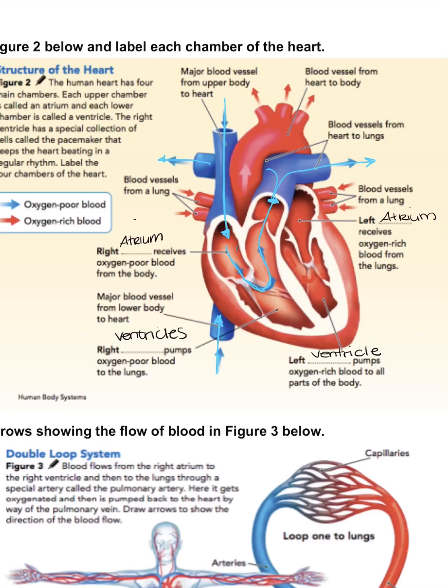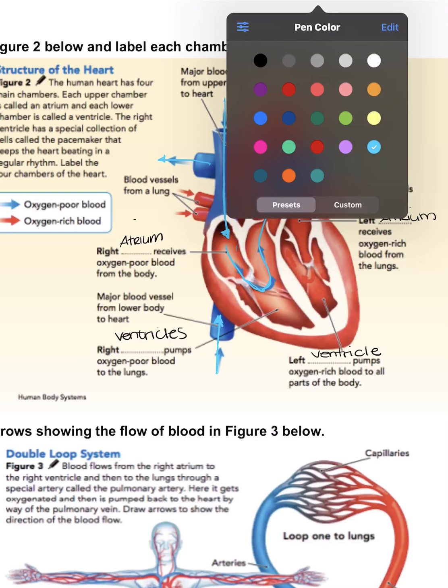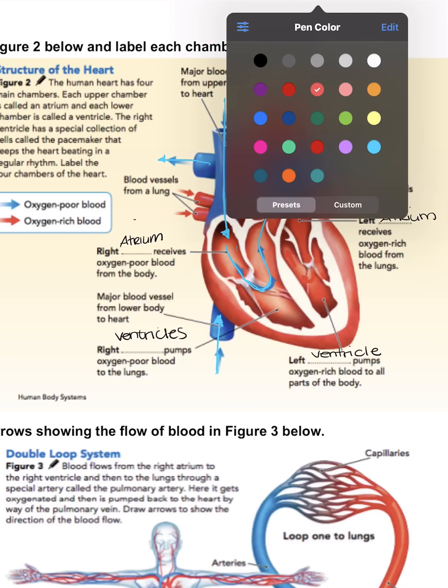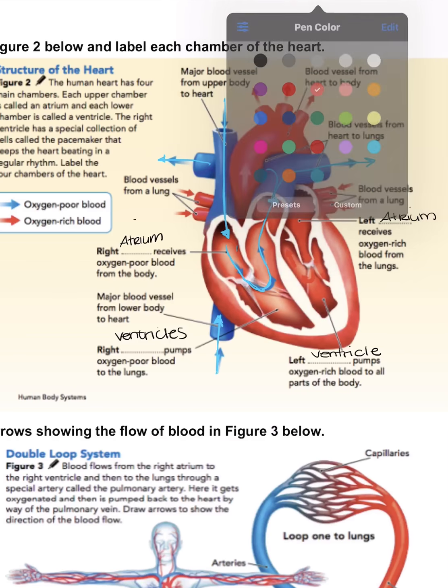So this is where we're going to drop off the waste in the form of carbon dioxide, where you will breathe it out. And we're going to pick up oxygen. So through those capillaries, alveoli in the lungs, we're going to oxygenate the blood.